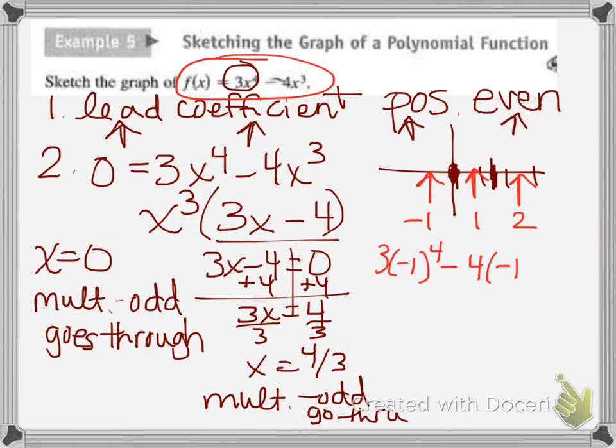3x to the 4. What is the output when the input is -1? This would be 3 plus 4. Is it 7? So then we have to go to table. Table or table set? Table. And then we find our x.